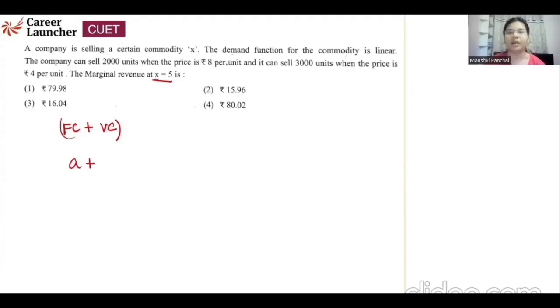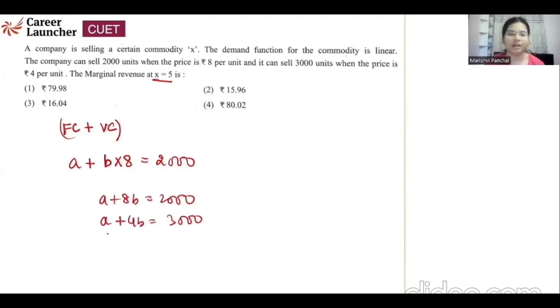So when it is 2000 units, the company can sell at rupees 8 per unit, and it can sell 3000 units when the price is rupees 4 per unit. So A plus 8B equals 2000, and A plus 4B equals 3000, right?